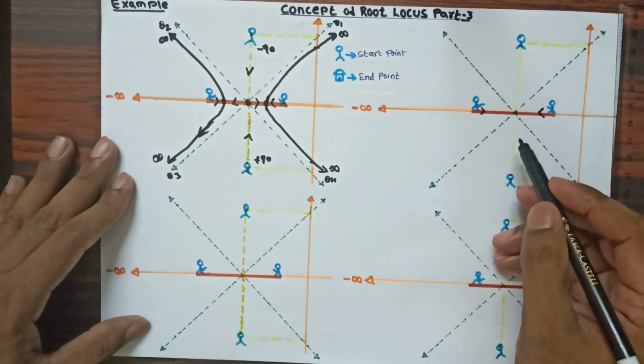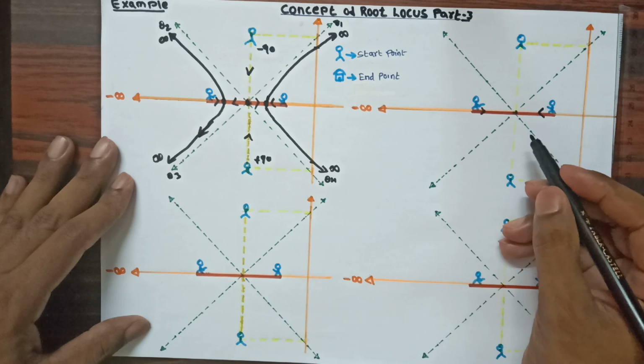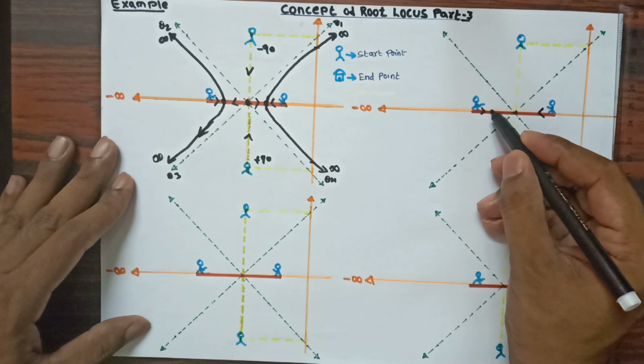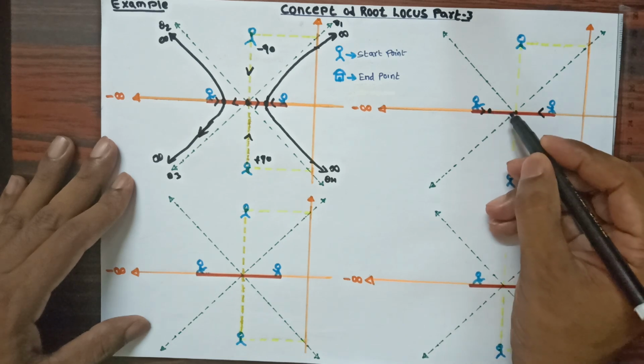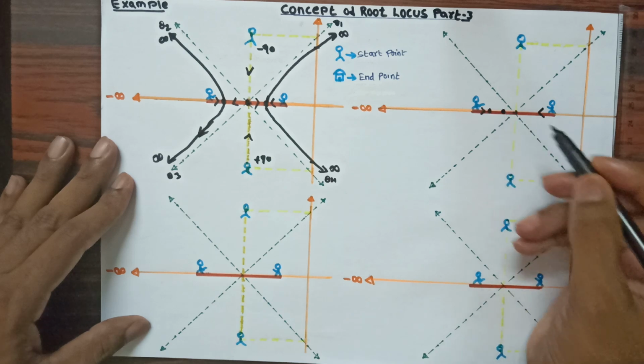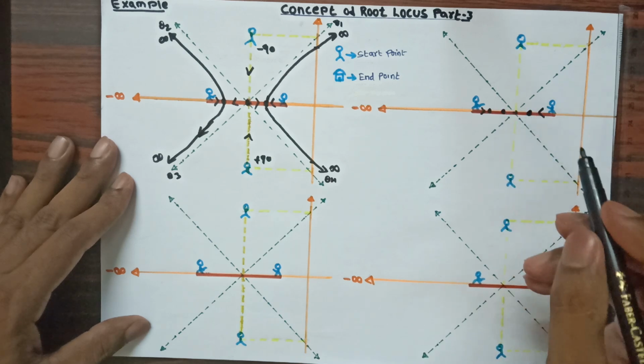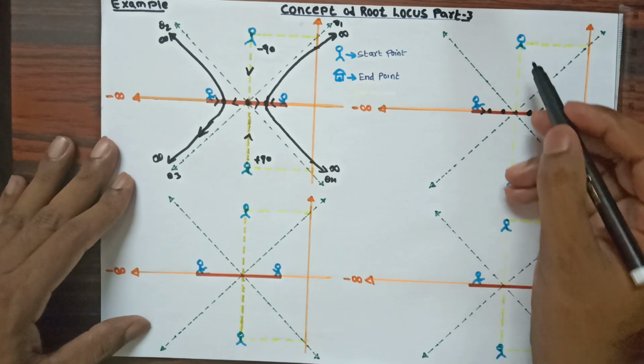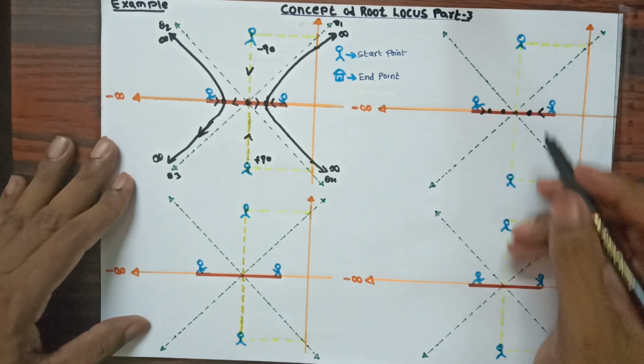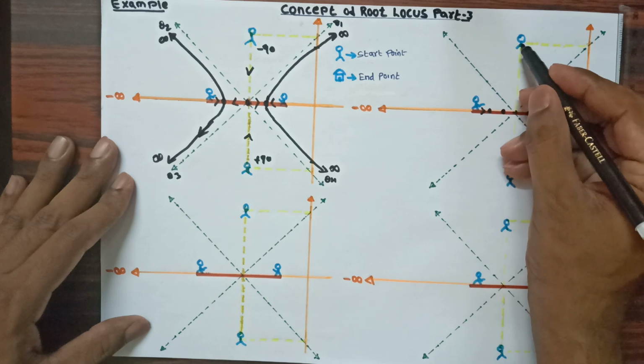So now in this example also I am going to provide three breakaway points. One breakaway point is at this point, the second breakaway point I am going to provide here, and the third breakaway point I am going to provide here. See now here for these two persons I am going to give an angle more than 90 degrees.